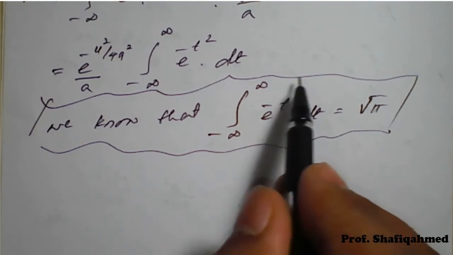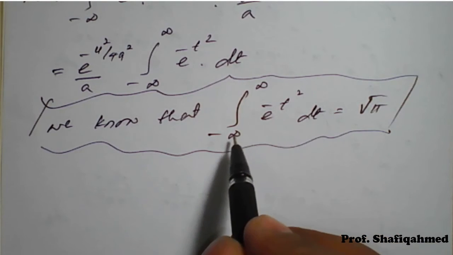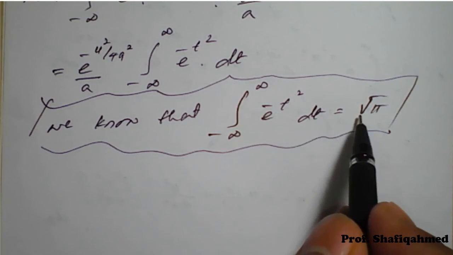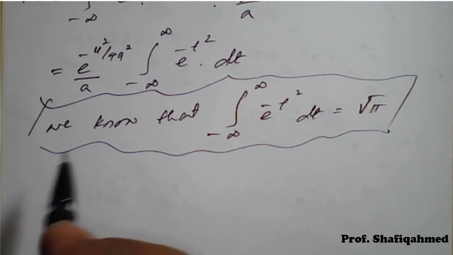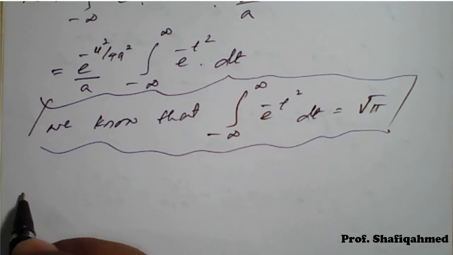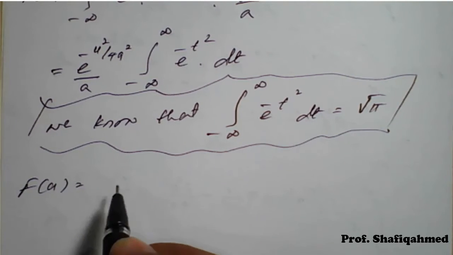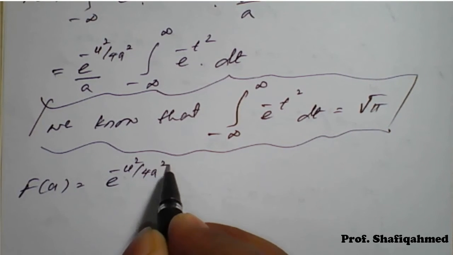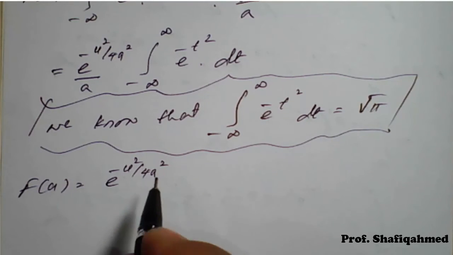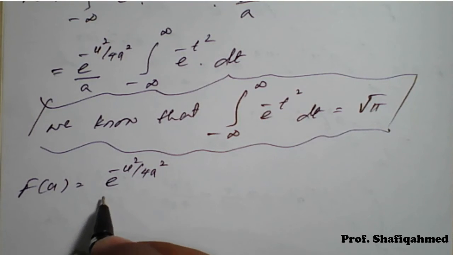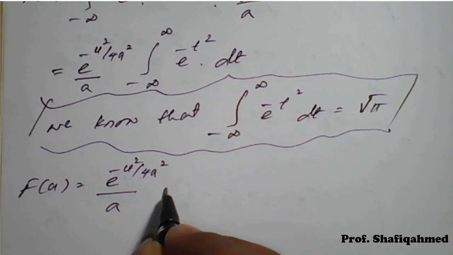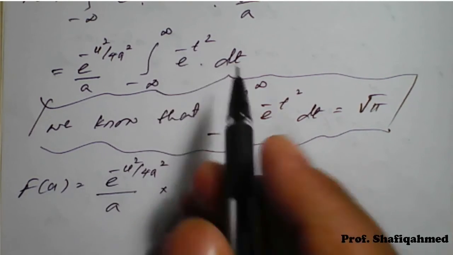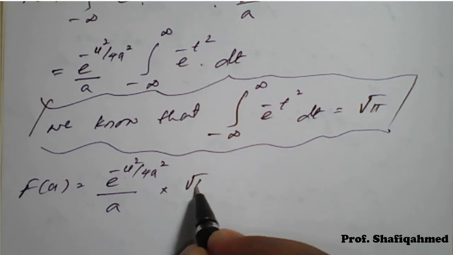According to this, integration minus infinity to plus infinity e raised to minus t square into dt will always be square root of pi. So therefore the above result will become f of u is equal to e raised to minus u square upon 4 a square upon a into this complete integral, which will become root of pi.